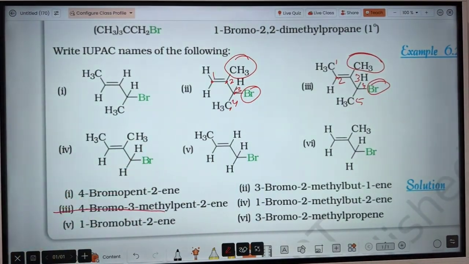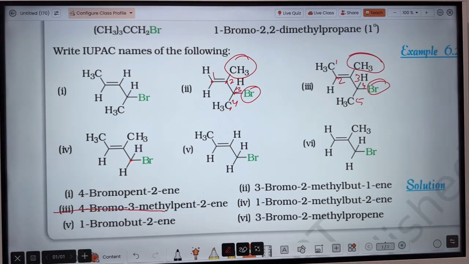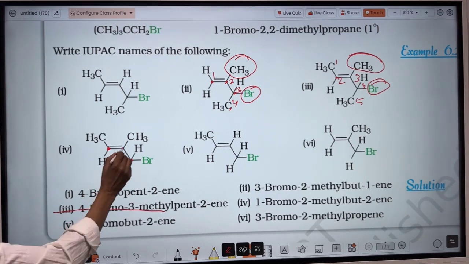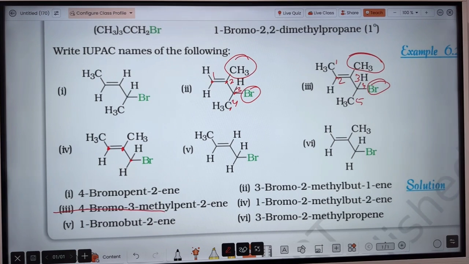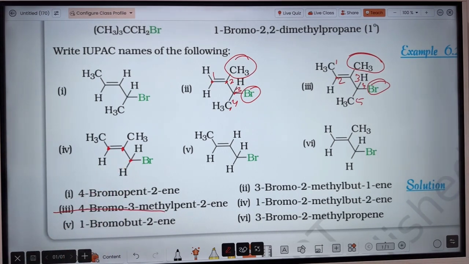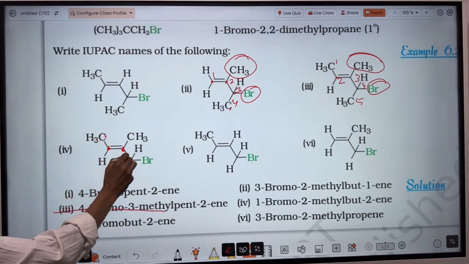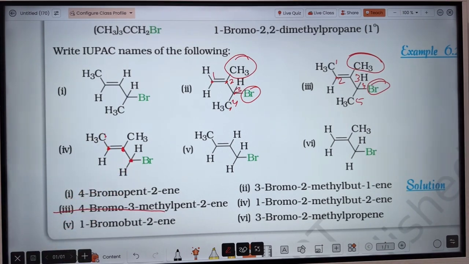Now in this compound, here also the double bond is present and the functional group halogen is present. So this carbon and this carbon are doubly bonded, so that must be included in the main chain, and this carbon must be included in the main chain. So the longest carbon chain will be 1, 2, 3, 4. The chain will be of 4 carbon.